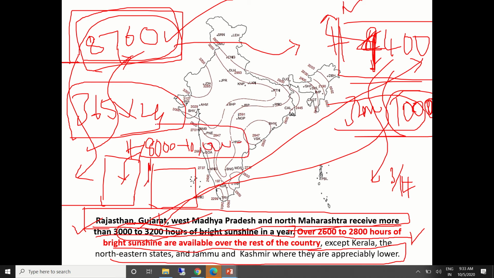This is achievable in almost 3000 hours throughout the year. So bright sunshine means the minimum required 8000 to 10000 lux level in outdoor conditions is available in almost 3000 to 3200 hours.